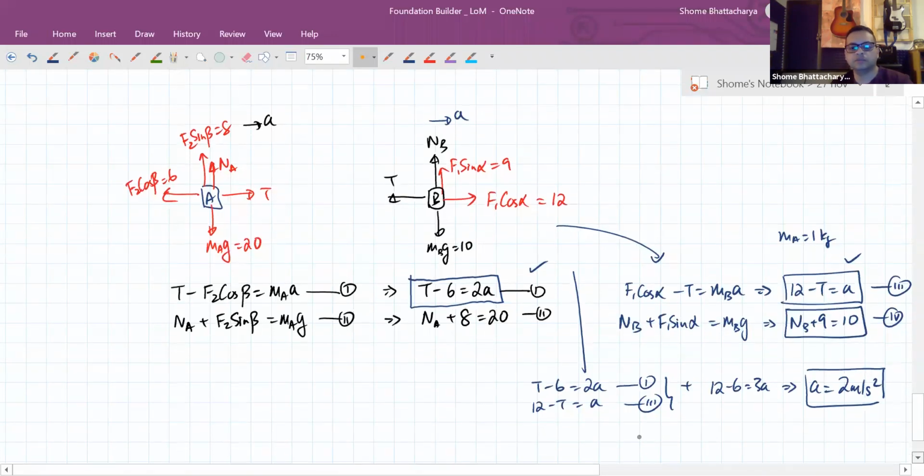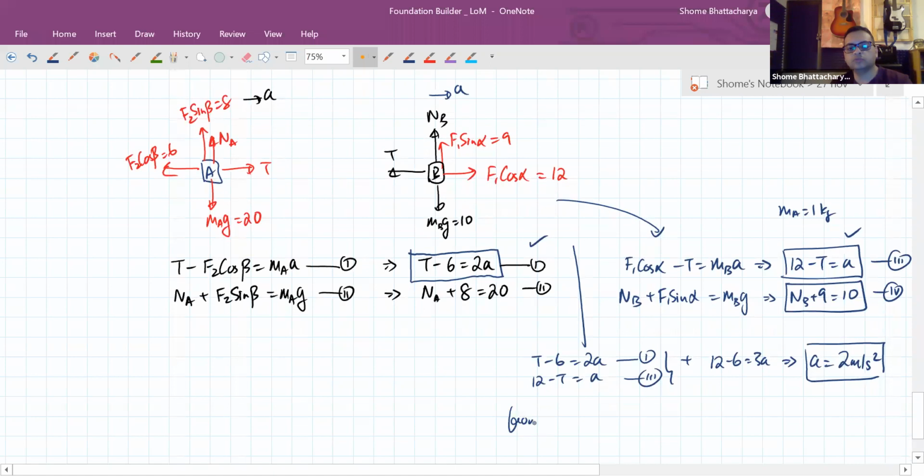And then from equation 2 you'll get normal reaction on this one is 12 newtons, and from equation 4 you'll get normal reaction on this one is 1 newton. And then what you do is substitute this in equation 1, for example.